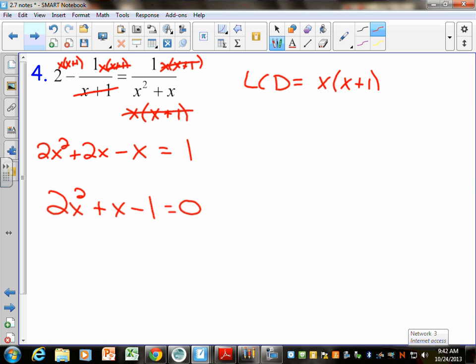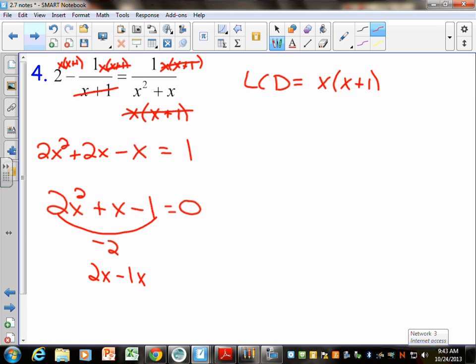Do you have a question on how I'm getting that? And again, you have options. If you don't want to try to factor it, and you want to do the quadratic formula or complete the square, promise it always works. I think this one actually does work to factor it, because I could say what multiplies to give me negative 2 that subtracts to give me positive 1 would be positive 2x minus 1x.